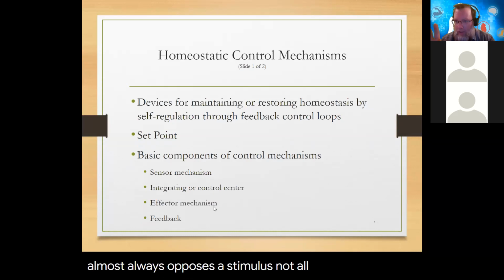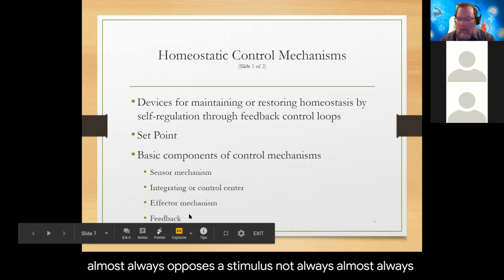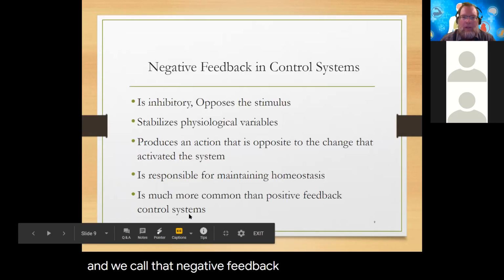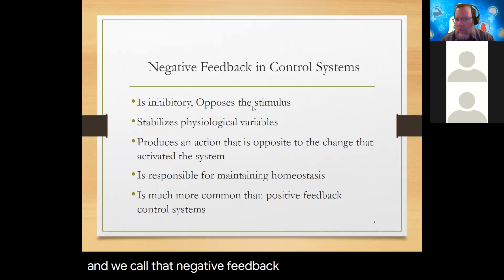Not always, almost always. And we call that negative feedback. It's inhibitory and opposes the stimulus. It's there to stabilize the variables, bring everything back to homeostasis. So it produces an opposite change, and it's what's responsible for maintaining homeostasis.